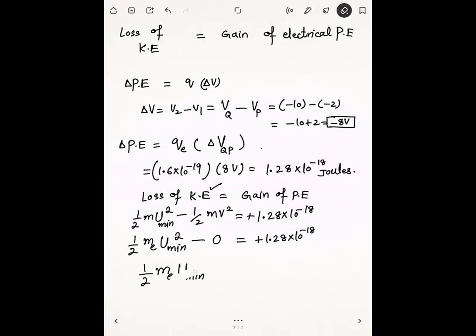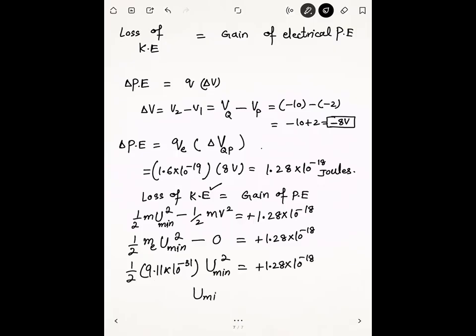Now let's substitute the values. It will become 1 over 2 into mass of electron is 9.11 into 10 power minus 31, and this will be multiplied with U minimum square, and this will be equal to plus 1.28 into 10 power minus 18. So U minimum will be equal to 1.28 into 10 power minus 18 into 2 divided by 9.11 into 10 power minus 31.